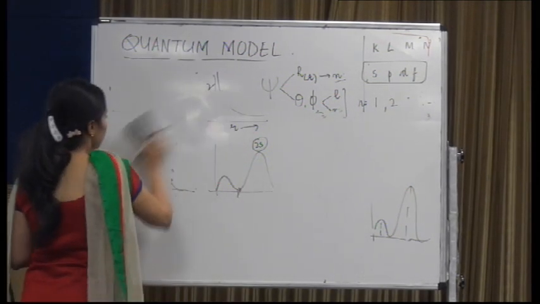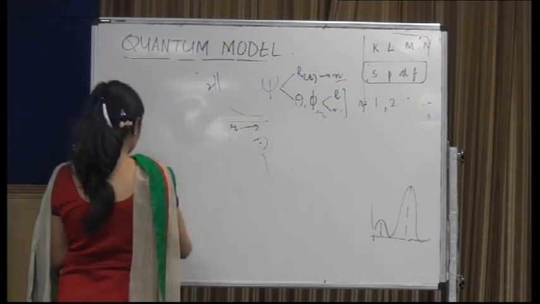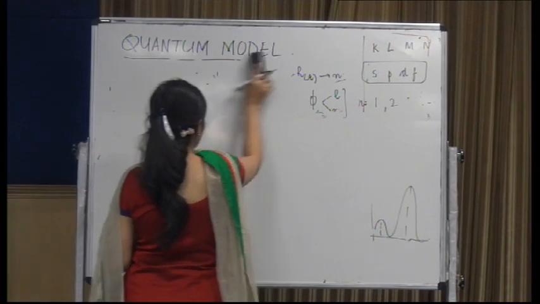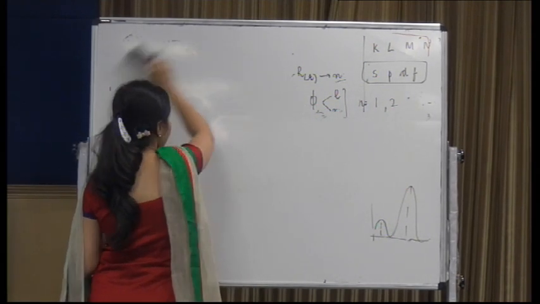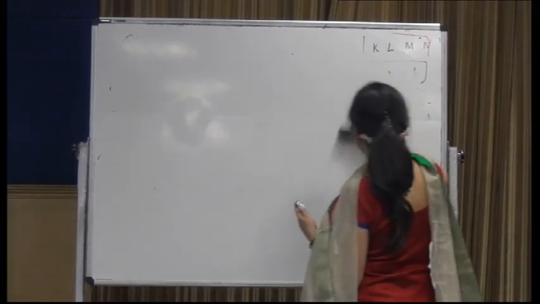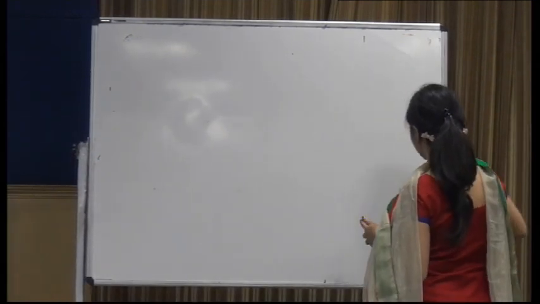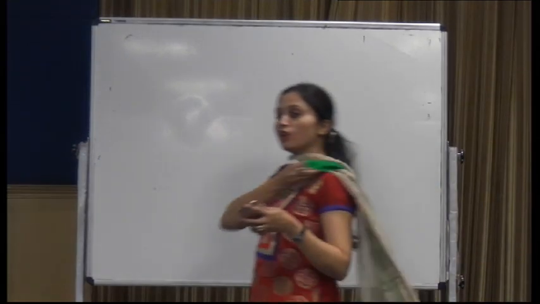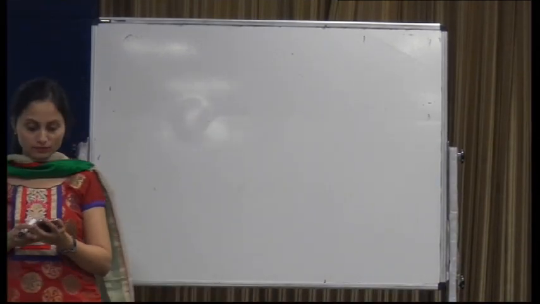Okay, then after this, I think you can just try and draw the radial distribution plot for 3s on your own. Just take it as a question and try to draw the radial distribution curve for 3s, all of you.